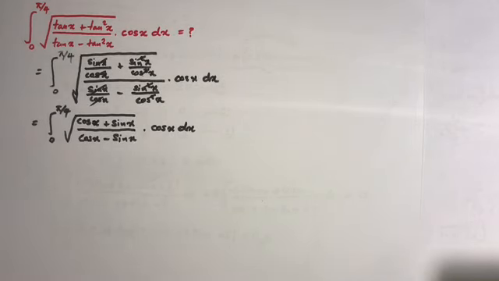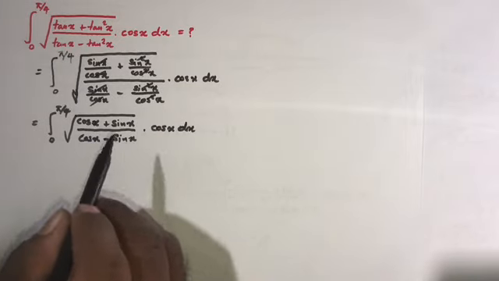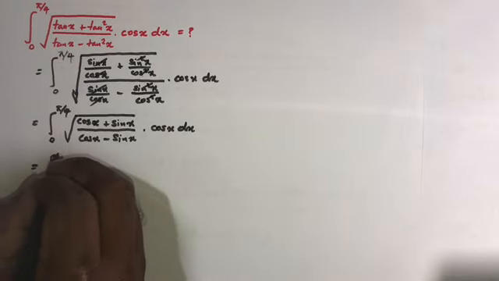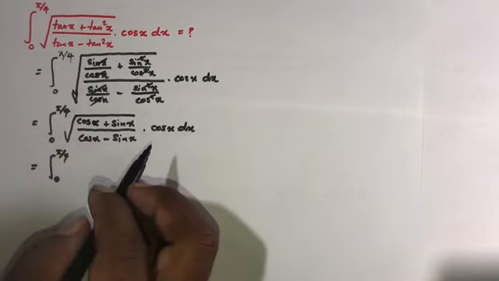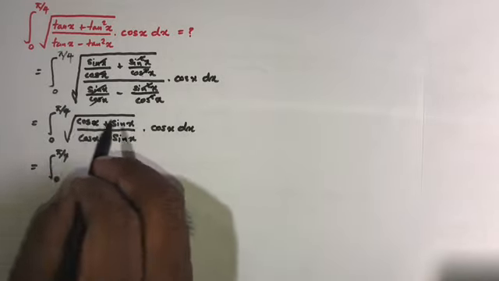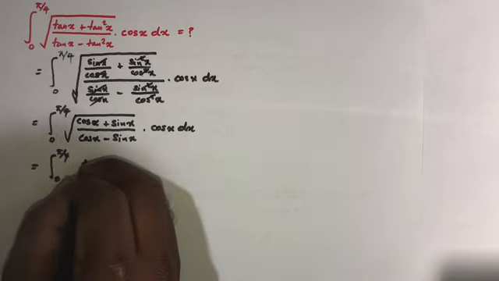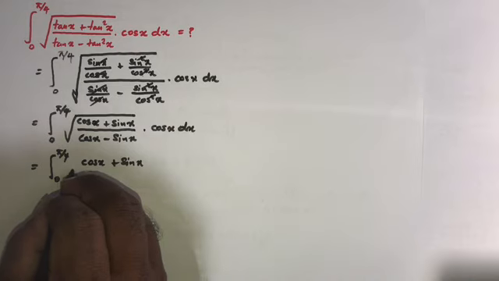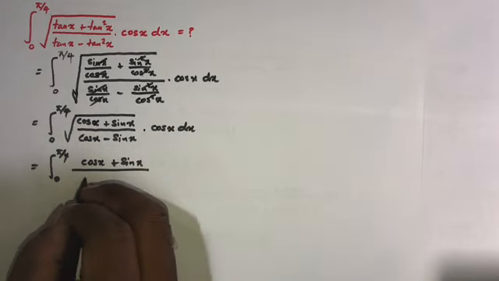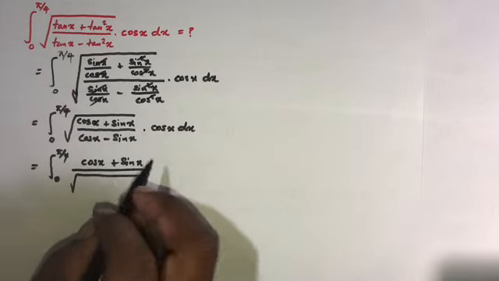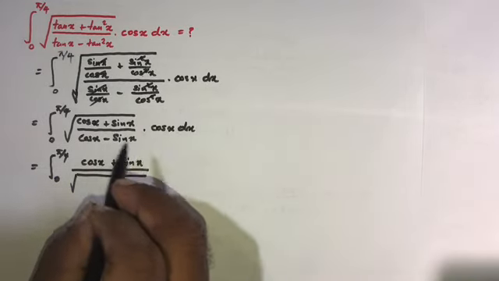Well, then I'm going to multiply by cosine of x plus sine of x, both numerator and denominator. So we can write now 0 to pi over 4. If we multiply by the square root of cosine of x plus sine of x, this square root gets cancelled, and we will have cosine of x plus sine of x, and here cosine of x, over the square root of (cosine of x minus sine x) times (cosine of x plus sine of x).